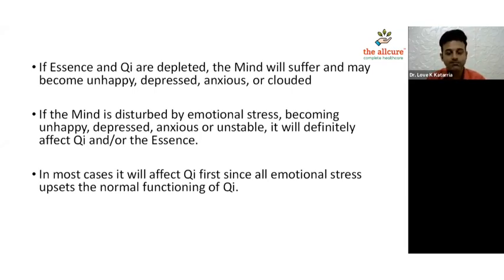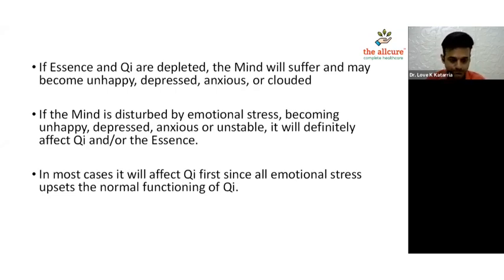If the mind is disturbed by emotional stress, becoming unhappy, depressed, anxious, or unstable, it will definitely affect chi and the essence. So initially it affects chi, then blood will be affected, and in the long run the essence will also get affected.